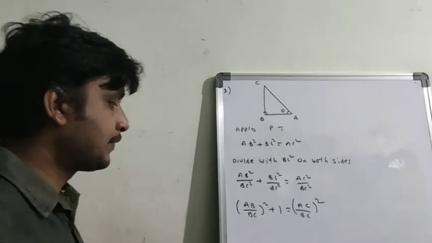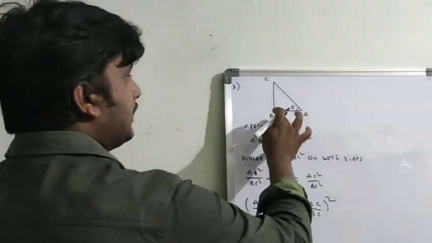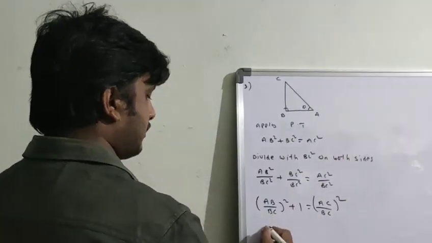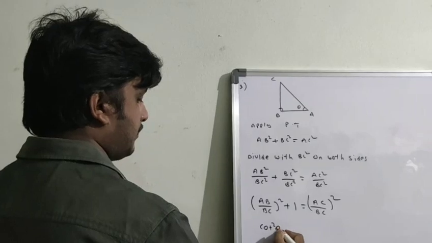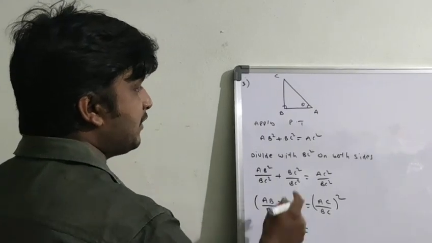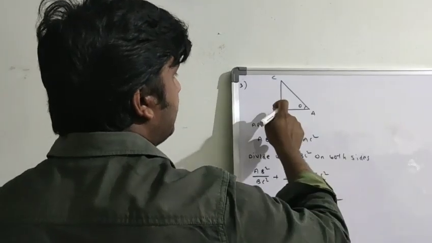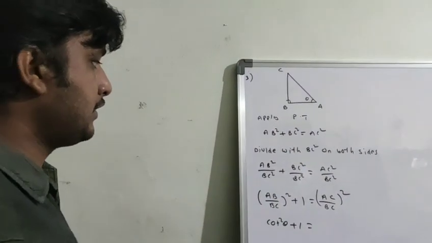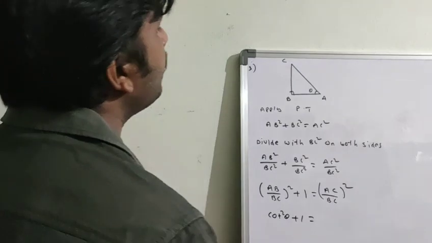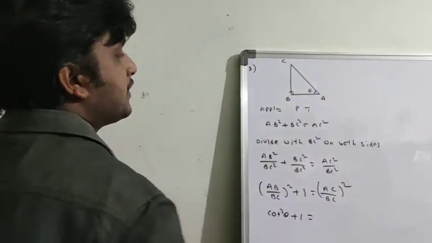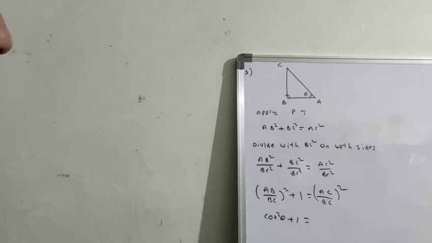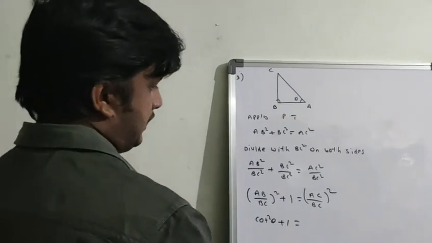So AB by BC, that means adjacent by opposite, it is cot square theta plus 1 equal to AC by BC square.